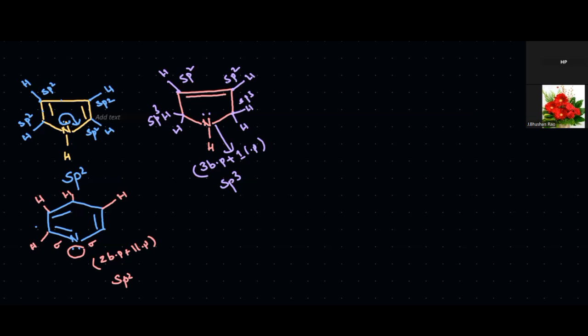If instead of that, a sulfur atom was given, or any other kind of molecule, suppose now I'm taking one more: CH2=CH-O-CH3. This is an ether molecule, but this part is vinyl. The name of this one is vinyl methyl ether.